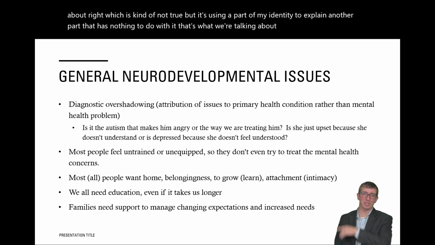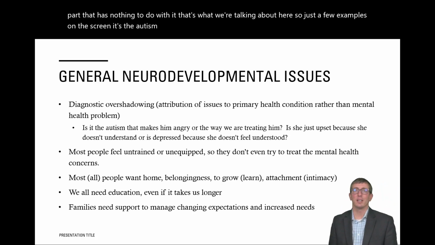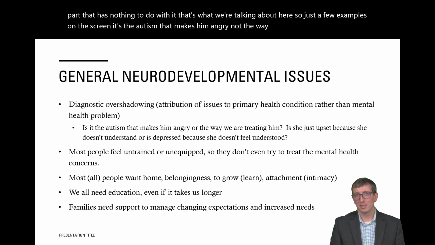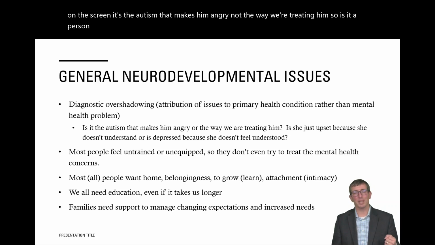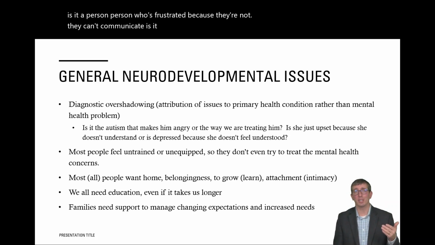So just a few examples on the screen. It's the autism that makes him angry, not the way we're treating him. So is it a person who's frustrated because they can't communicate? Is it because of their lack of communication and therefore they're just angry and they're always going to be angry?